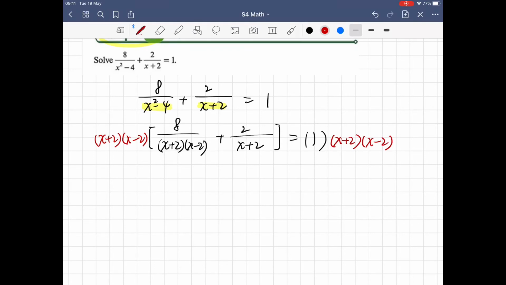So for the left-hand side, we have to multiply the term back into the brackets, so that we have 8 plus 2 times x minus 2 equals x plus 2 and then x minus 2.